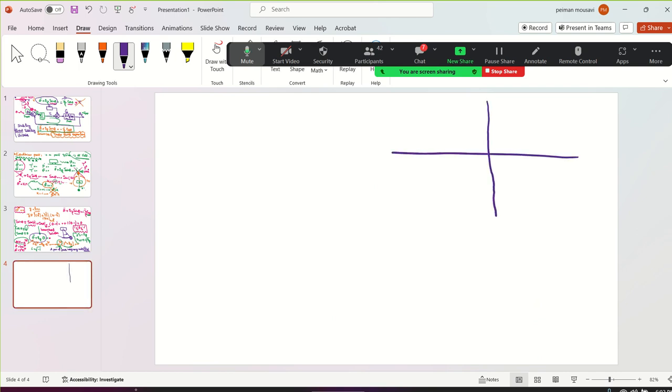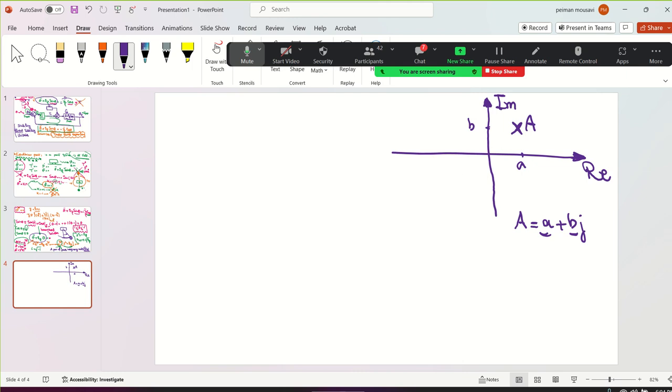Now you have to get to know the complex plane in the control class: the imaginary part of a complex number and the real part of a complex number. If a is a complex number like a plus bj, or i, I don't care, a is the real part and b is the imaginary part. So here is a, for example, and here is b. So this is the point. This is how we show it. I know that you know it.